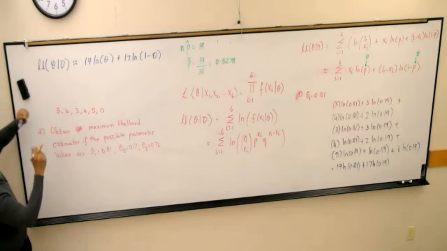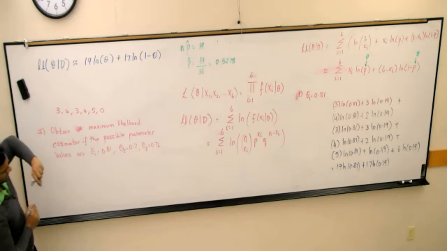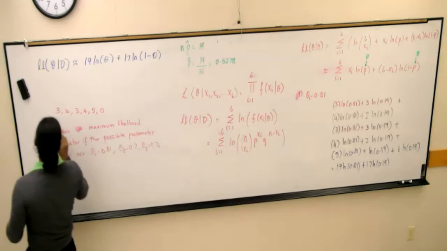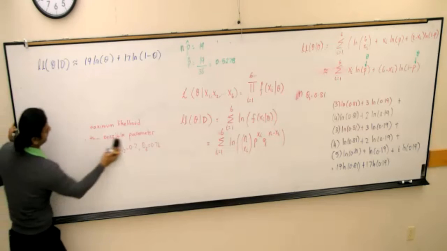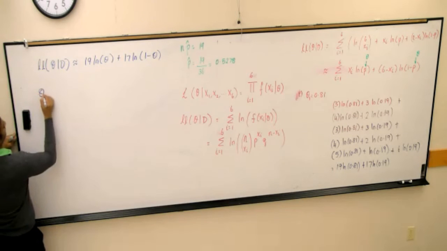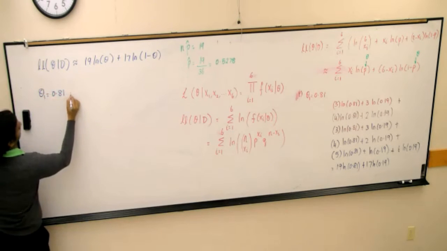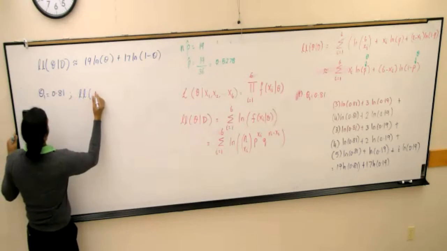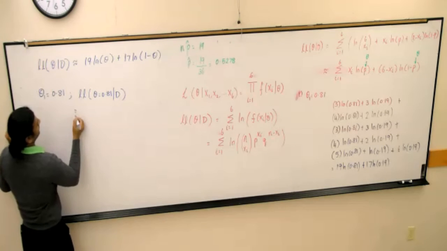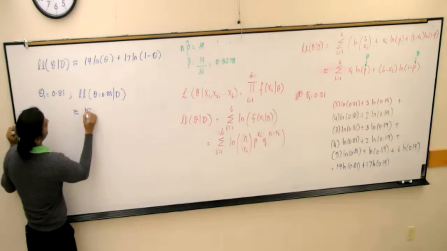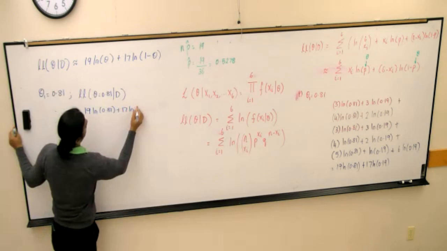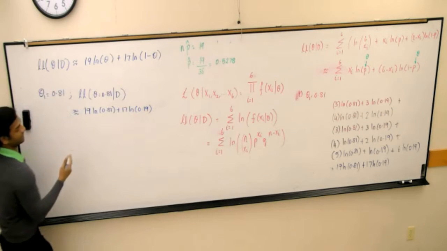But in this case, since I have individual values, I'm just going to plug them in. First case, theta 1 equals 0.81: 19 ln of 0.81 plus 17 ln of 0.19. What do we get?